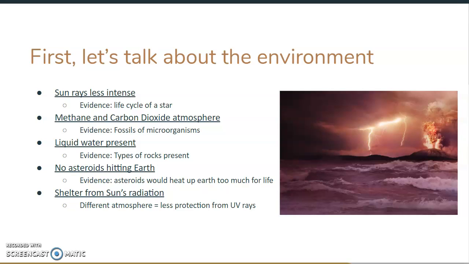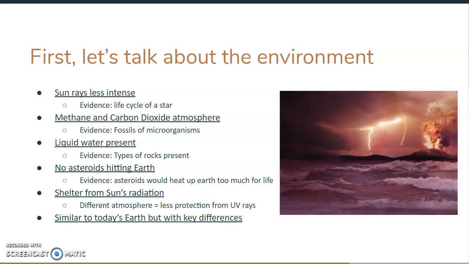Back in early Earth, there was no ozone, so it is thought that those damaging rays, that damaging energy that causes sunburns for us now, would be 1,000 times more damaging back then, and really just kill any kind of life.